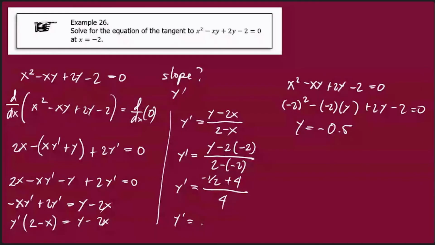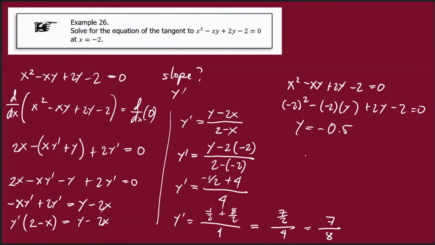Multiplying, 4 becomes 8 over 2, which is still 4. This is therefore equal to 7 over 2 over 4, or 7 over 8. Do you agree? Your y prime is equal to 7 over 8.